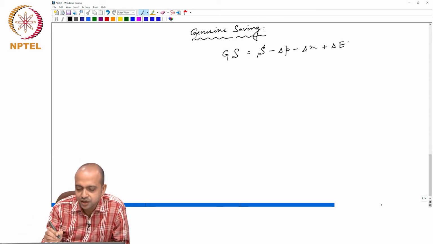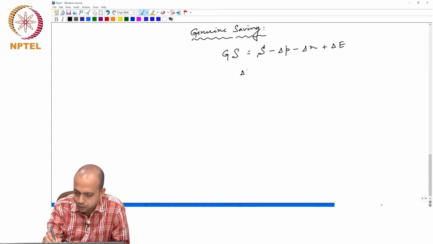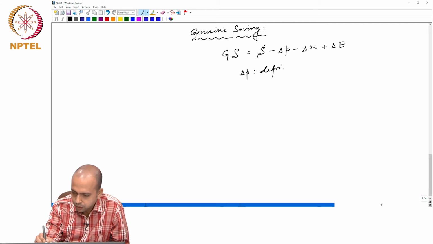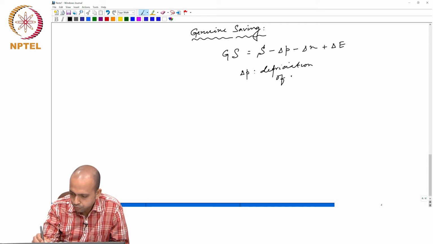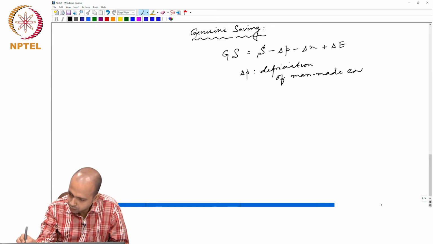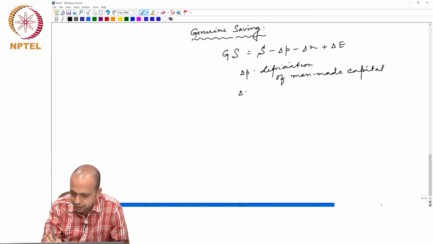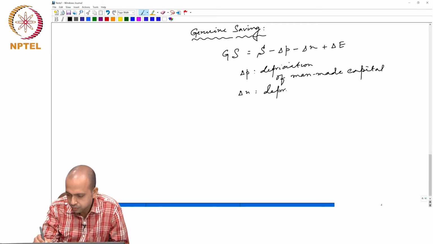What is delta P here? Delta P is basically depreciation of man-made capital. Delta N is depreciation of natural capital.